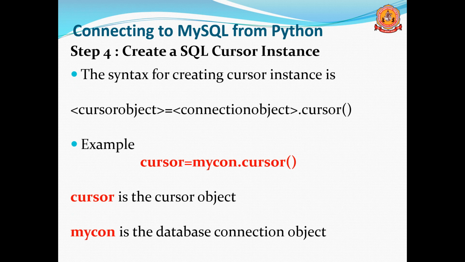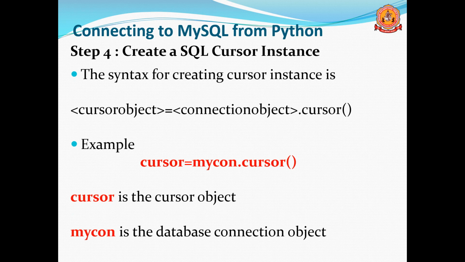How can we create the cursor instance? The syntax is: cursor object equals connection object dot cursor. Remember, cursor is the function used to create the cursor instance.